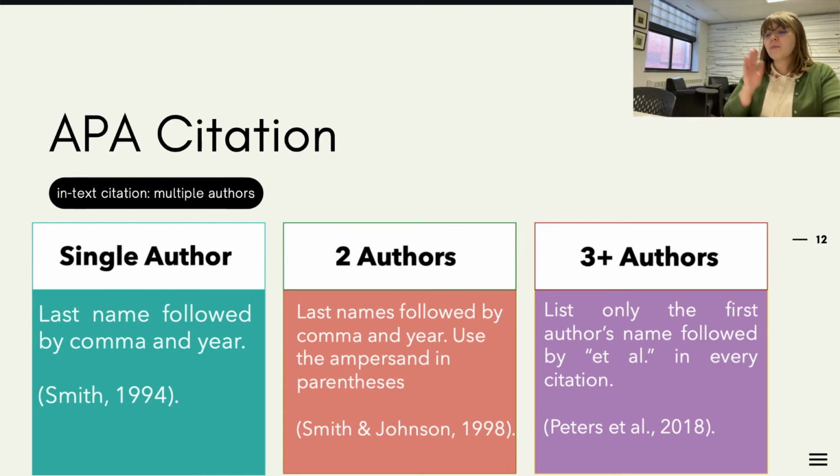But if there are more than 2 authors, so 3 plus, you want to do the first author that's listed on the source, and then write et space al period, which is Latin for and others. And then you'll do the comma, year, comma, page number if there are page numbers from a direct quote.